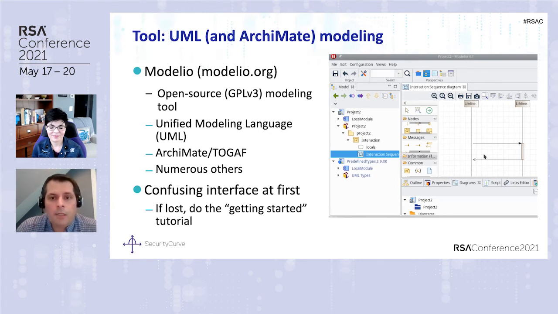Now this one, much like the Archie tool, is also a little bit of a beast to understand how to use it and get familiar and conversant with it. In this case, though, the getting started tutorial, and there are some great written resources and also some video resources out there, are really good for getting up to speed and figuring out where you are in the UI and how to get started.